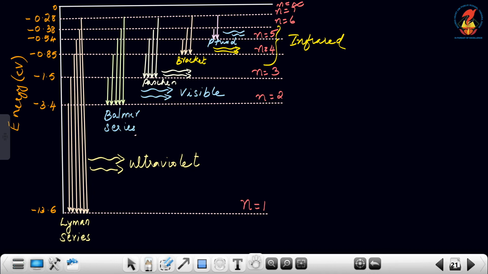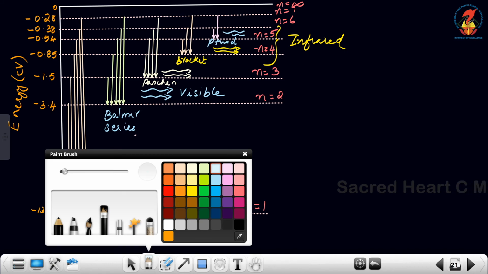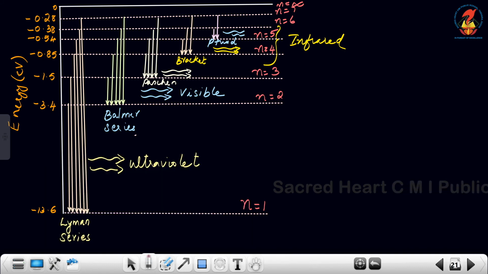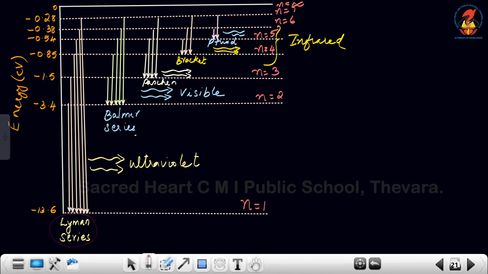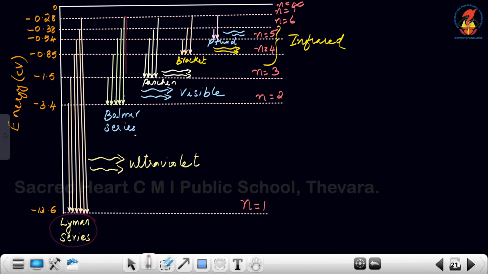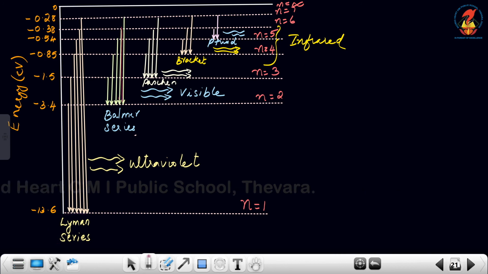the spectral series of the hydrogen atom is obtained like this. If the electron is getting excited to a higher energy level, and if it is jumping from any of the higher energy levels to the ground state, we can obtain the Lyman series. Now, if the electron is jumping from the higher excited state to the n is equal to 2 level, we have the Balmer series.